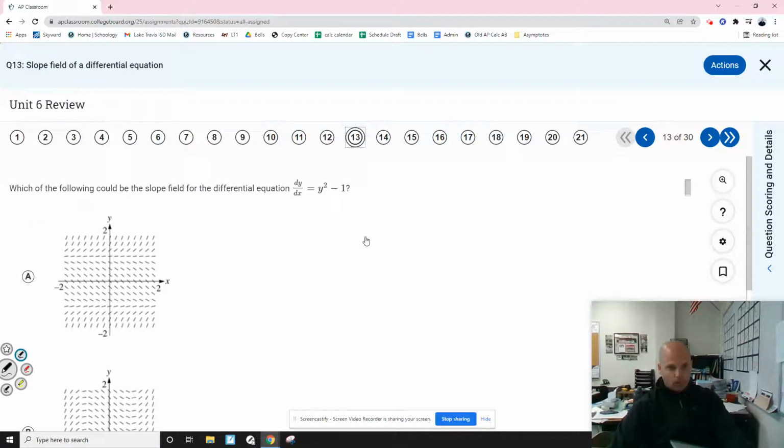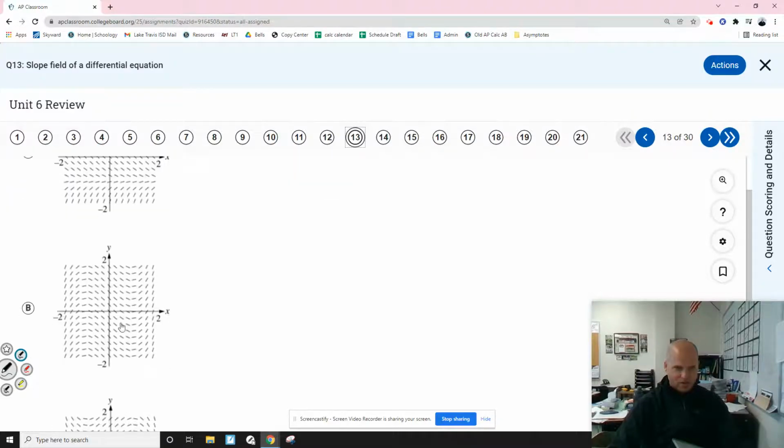All right, slope fields. Which one of these could be dy dx equals y squared minus 1? So I realized, no matter what my x is, my slope shouldn't change. It's all about the y. So if I see slopes changing when my x is changing, I'm immediately like, boom, this is gone. As my x's are changing, my slopes are changing.